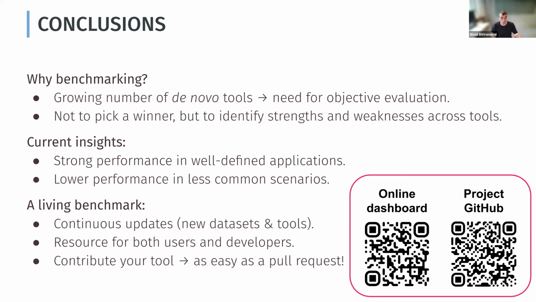For users to understand how de novo will function, which tool they might select, and for developers also to provide a comparison to other tools on a consistent benchmarking data set. For developers to contribute their tool, they just need to open a pull request with a containerized version of their tool, and then it will automatically be integrated in our benchmark.